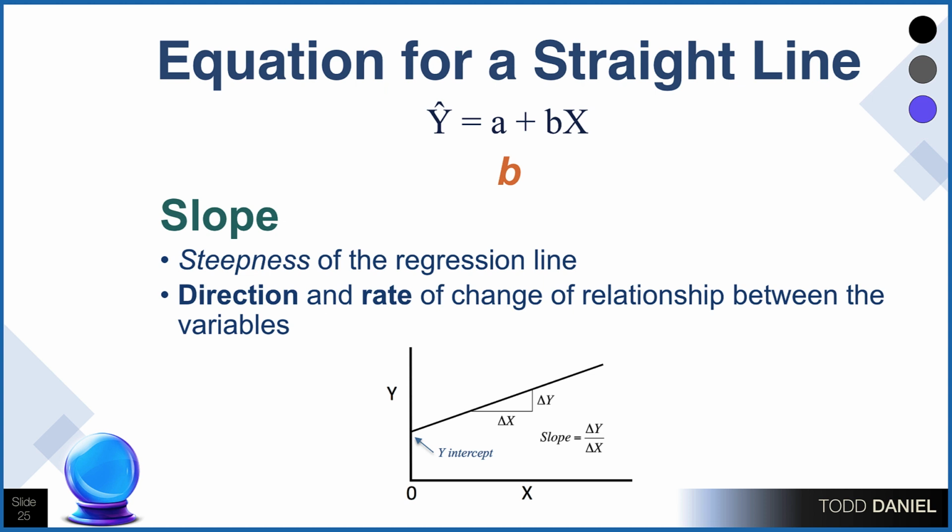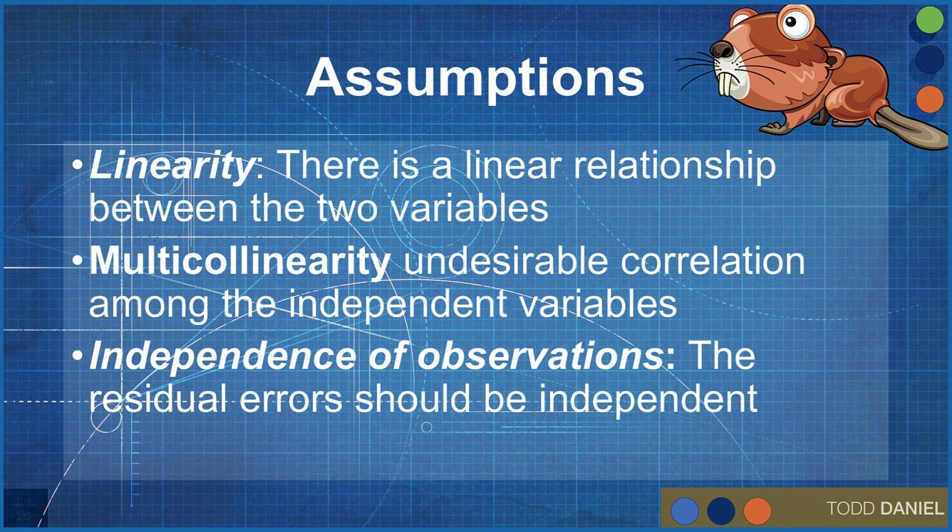The slope is the steepness of that regression line, and it tells us both the direction, positive or negative, and the rate of change for the relationship between the variables. The steeper that line becomes, the greater the rate of change between those variables. The closer it is to a flat line, the slower the rate of change between the variables.